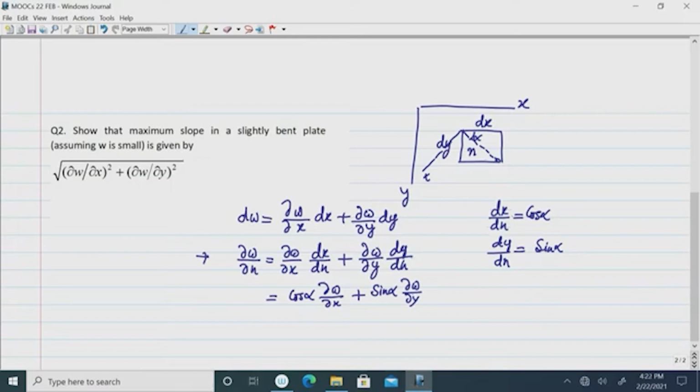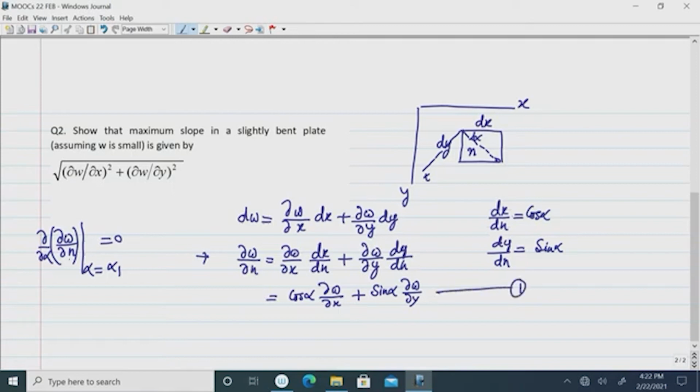For the condition that the slope in that direction is maximum, we have to use the maximization principle of calculus, that this is equal to 0 at some angle alpha equal to alpha 1, taking the derivative with respect to alpha. So, this equation is say 1.